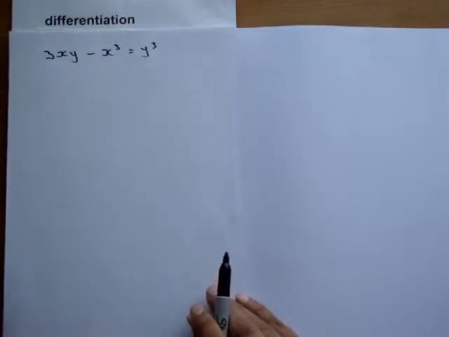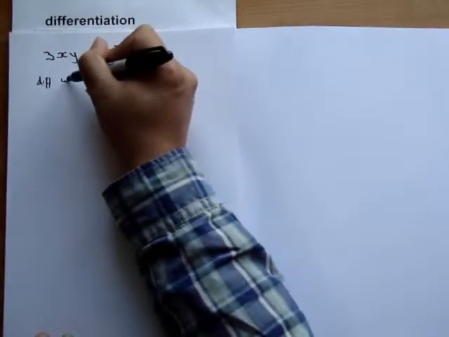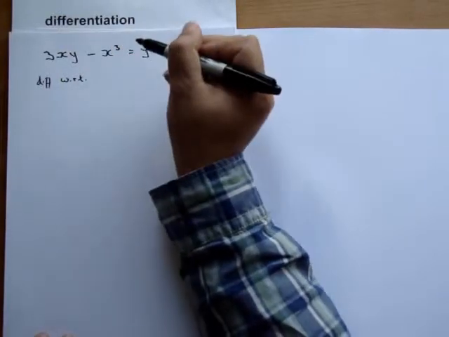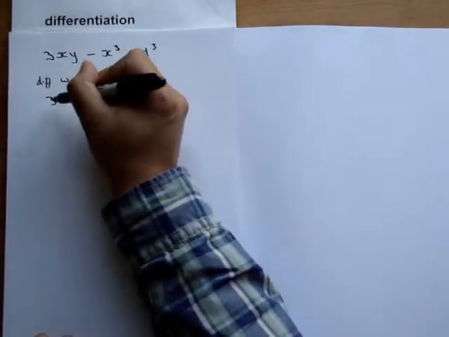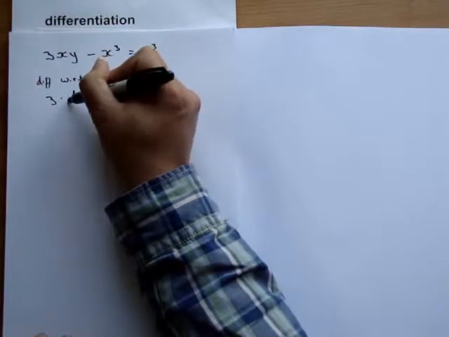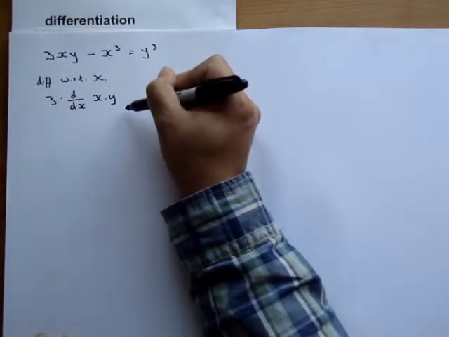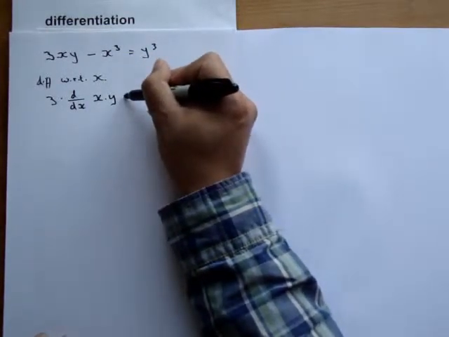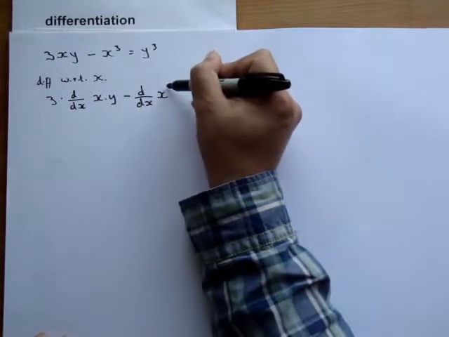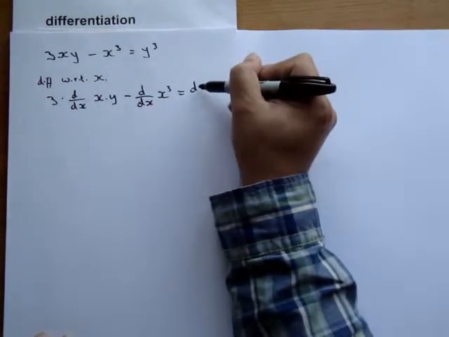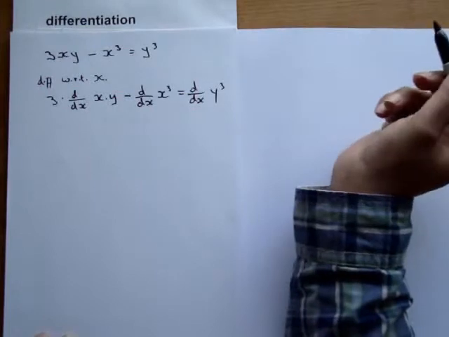So differentiating both sides with respect to x, we get 3, we're going to have to use the product rule on this part, minus differentiate the x cubed with respect to x, and then differentiating the y cubed with respect to x.